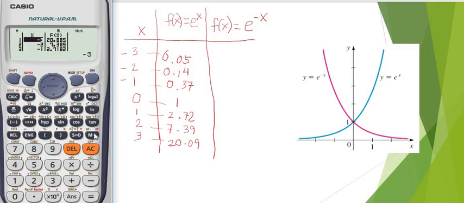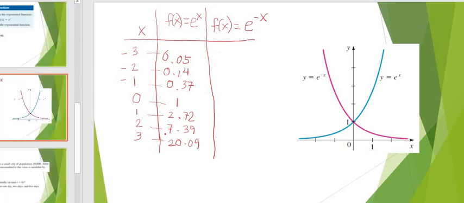So we have these values: 20.085 or 20.09, which is simply this value here. So when x equals negative 3, for f of x equals e to the power of negative x, the value would be 20.09.